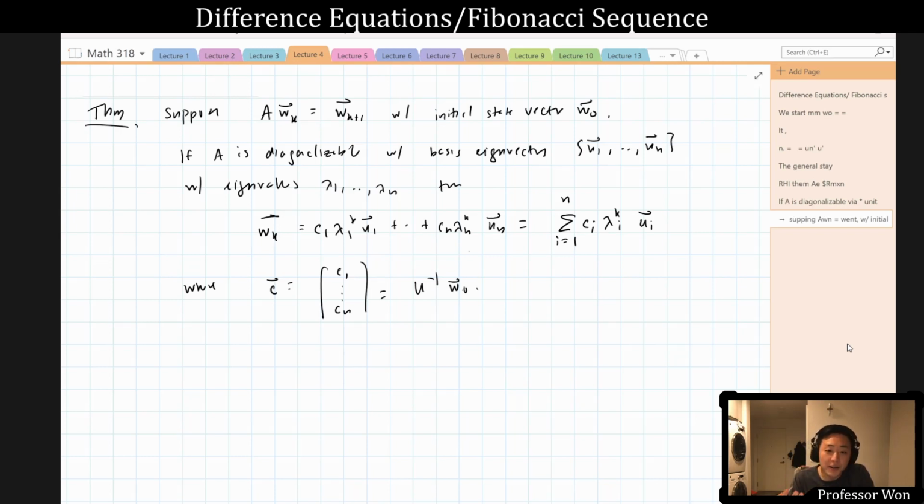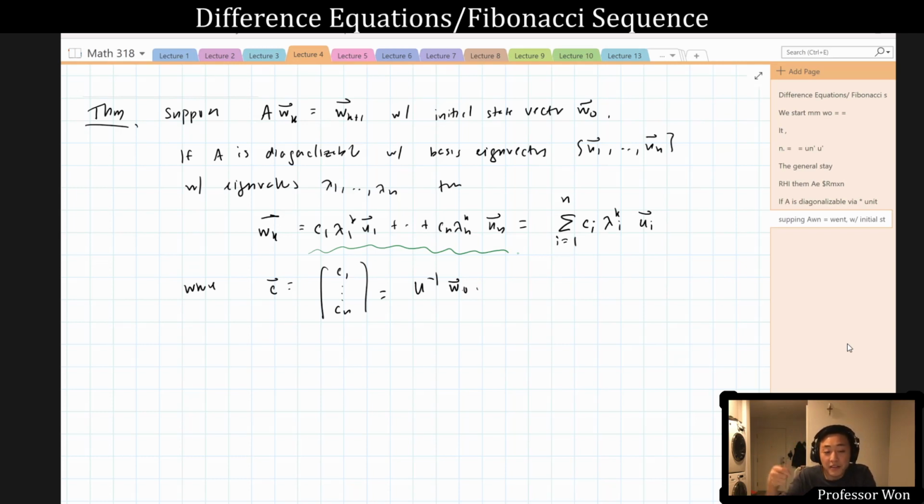Now, why did I bother doing this? The reason is that if you look at this equation, as k gets very large, some of these terms will matter more than others, because you're taking a power of the eigenvalue. That means if there was an eigenvalue very close to 0, as you take higher and higher k, that eigenvalue to the k gets very close to 0 and doesn't really contribute to this sum very much.